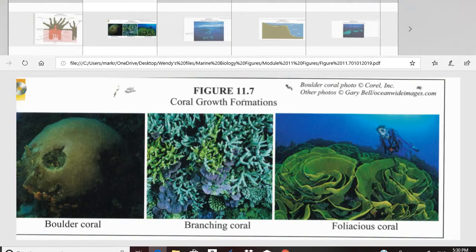So you get different formations depending on those factors, and it's also affected by what elements they get exposed to, how deep is the water, what animals eat the coral, are there bacteria and fungus that grow there, are there dead remains of other organisms. So there's a lot of factors that help to determine what type of coral reef formation will be present or will grow.